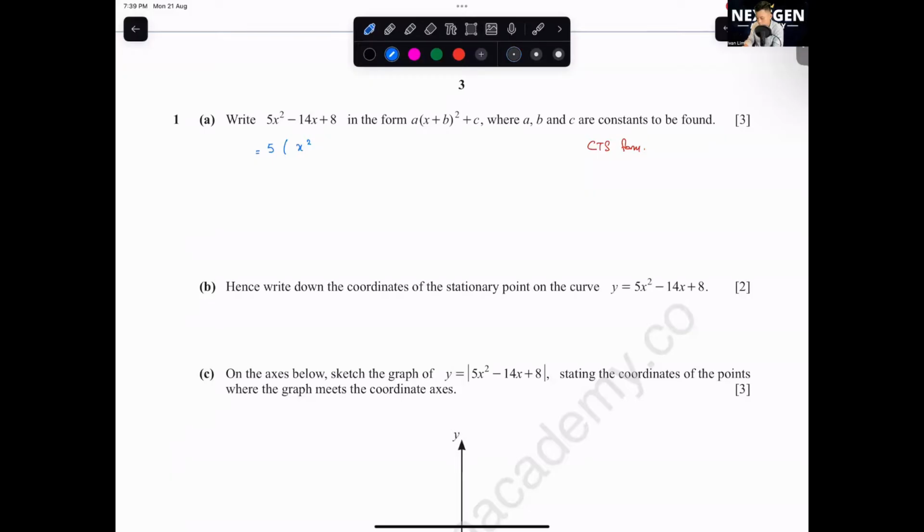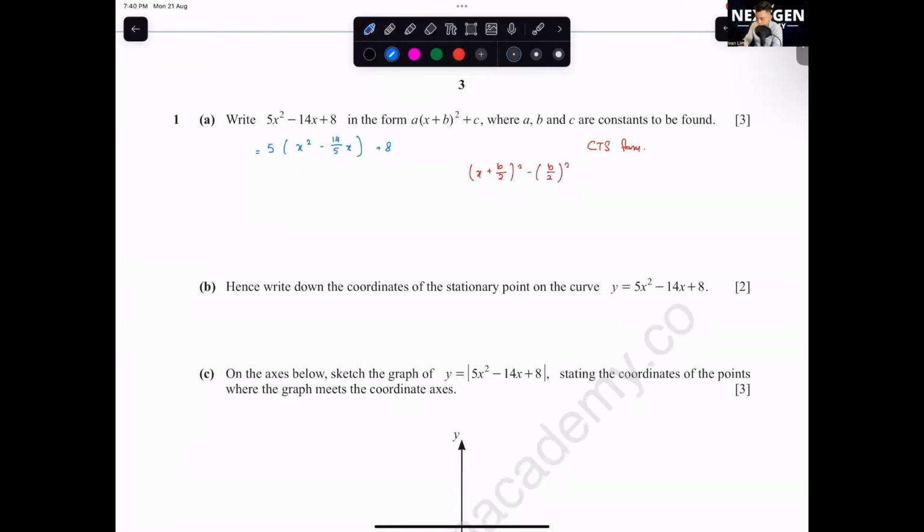So you see here, x squared minus 14 over 5x plus 8. If you want to factorize all 3 you also can, but actually it's not necessary. Your main focus for completing the square is the x squared plus bx value. Once you have the x squared plus bx value, you just need to do x plus b over 2 squared minus b over 2 squared, like this.